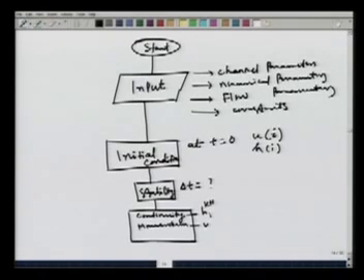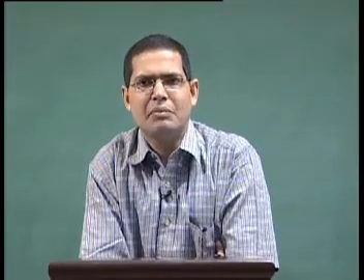Similarly, here you will find u at k plus 1 for all i values, but you cannot get these values for node number 1 and the last node. So what we do is we use the boundary condition. Please remember that these two lines are from the Lax scheme. The last line, the boundary condition, is not solved by the Lax scheme. You have to use the problem statement, common sense and general rules of the numerical method to find the boundary condition.